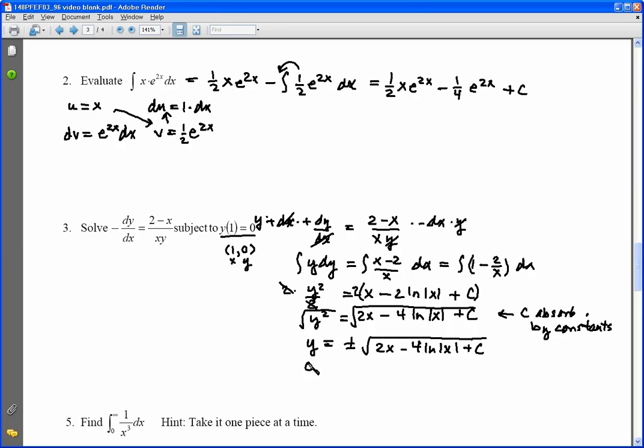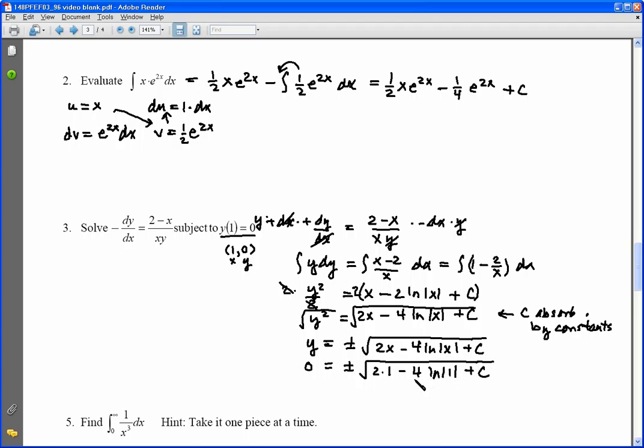So plug in y equals 0 equals plus or minus square root, and then plug in x equals 1. So this would be 2 times 1 minus 4 natural log absolute value of 1 plus our constant, and this guy is 0.